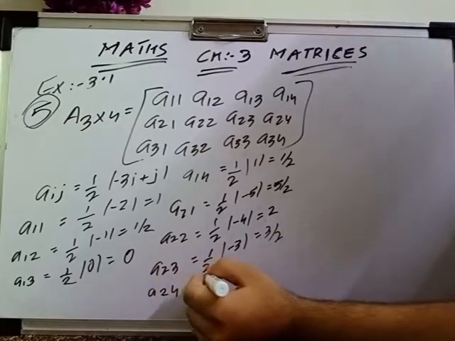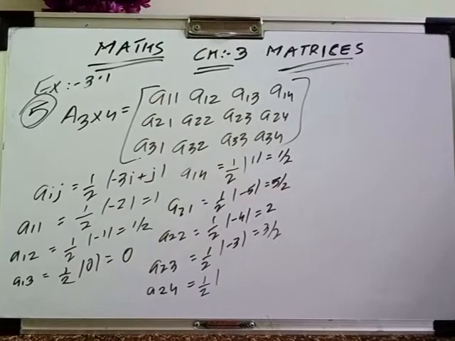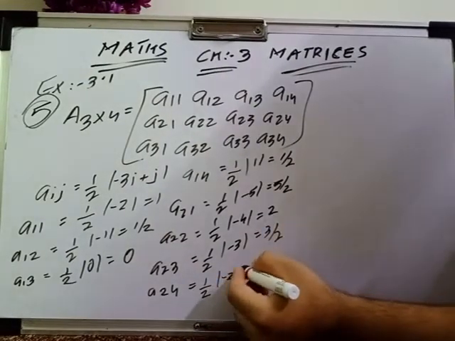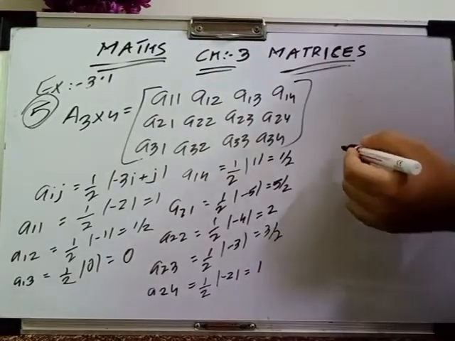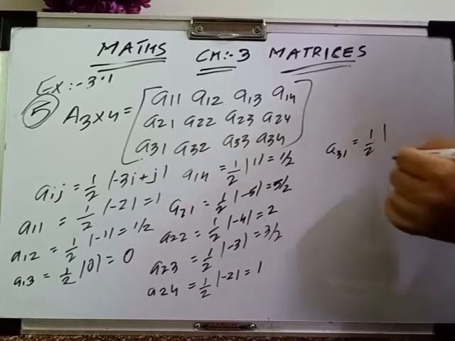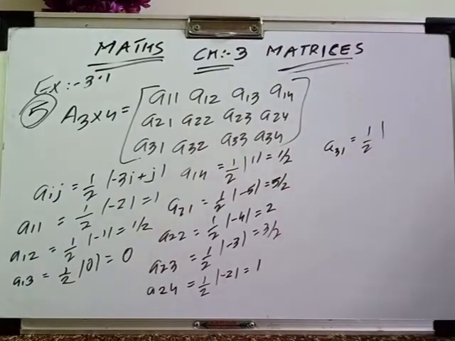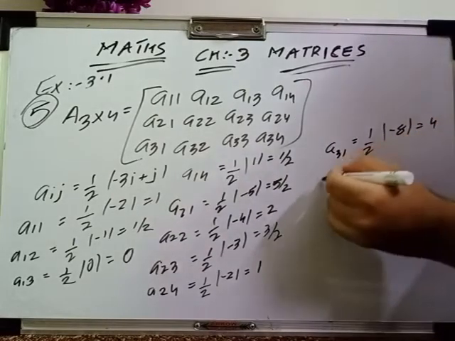A24 will give me minus 6 plus 4, minus 2, that is 1. Likewise, A31 will give me minus 9 plus 1, minus 8, that is 4.